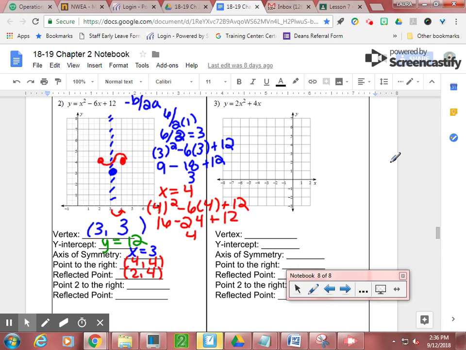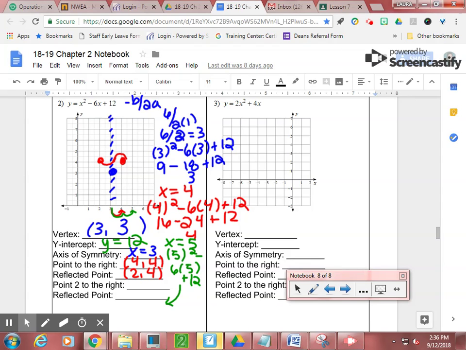Now I want to do a point 2 to the right. Well, if we start at 3, 1, 2 takes us to x equals 5. So you're plugging 5 into this equation now. So you have 5 squared minus 6 times 5 plus 12.